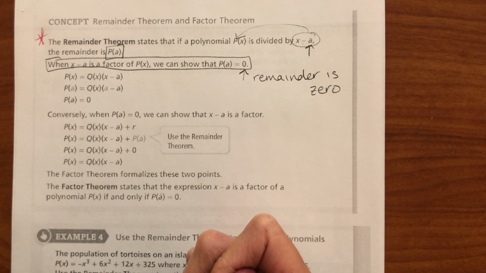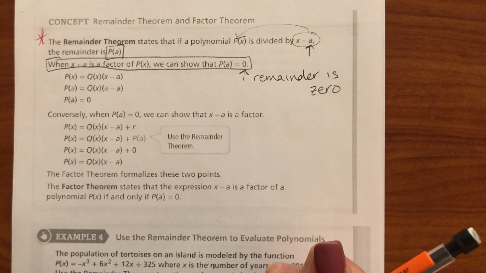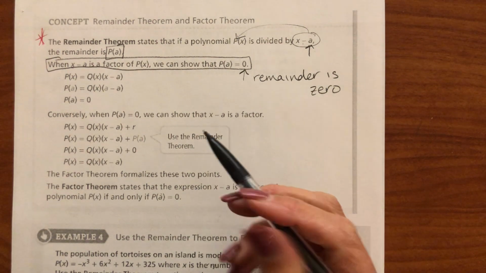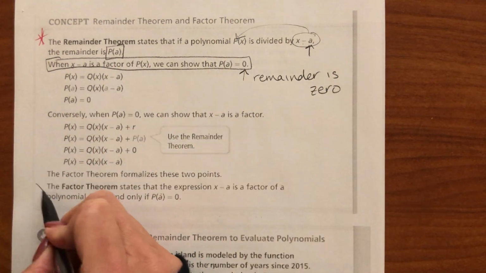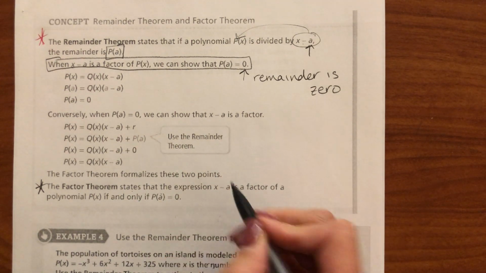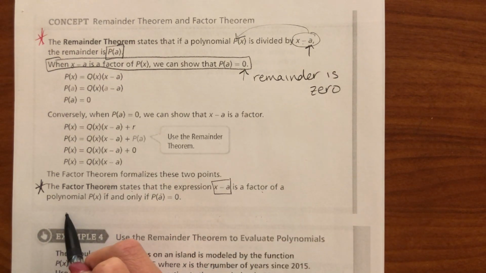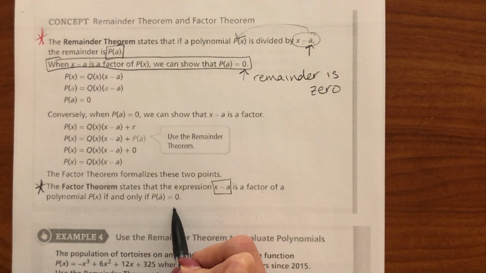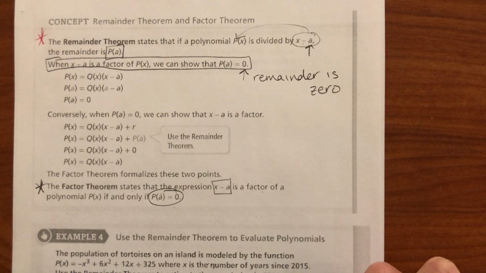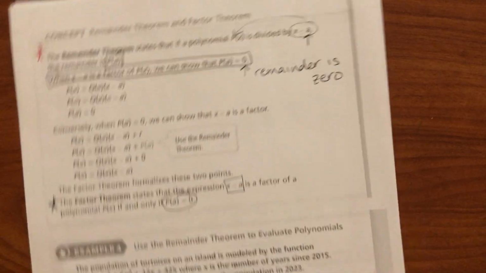And that's important for what we're going to be doing later on in the chapter. That is called the factor theorem down here. Factor theorem states that your divisor is a factor of the polynomial if and only if you get a zero remainder, okay?